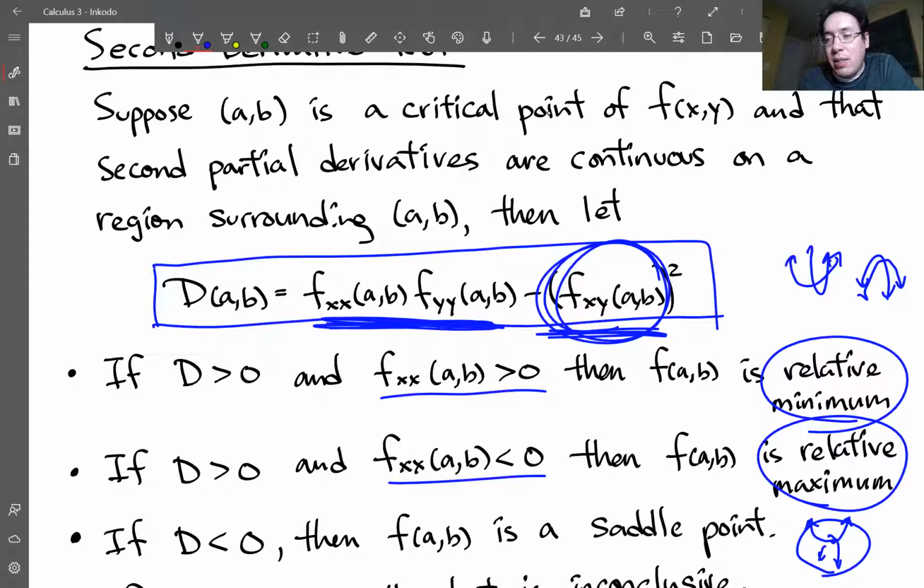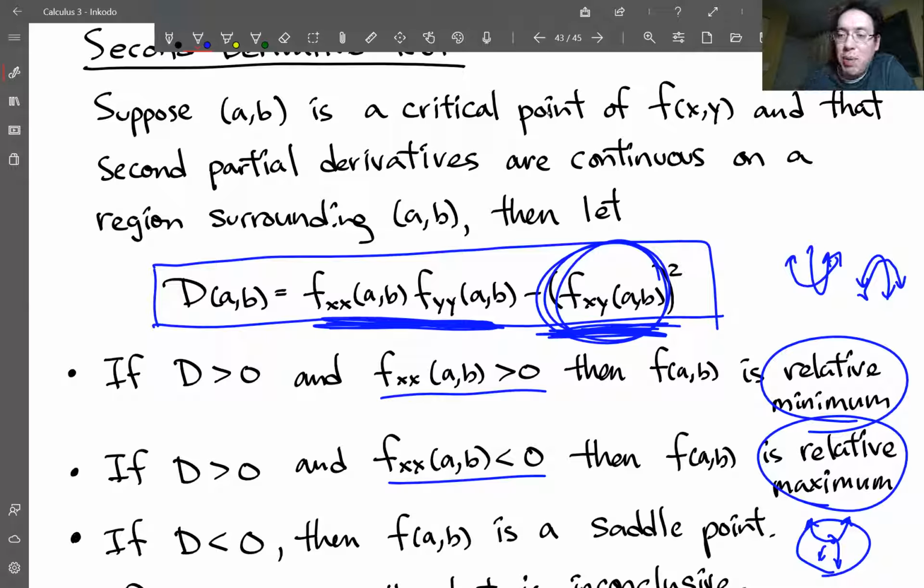But you might wonder, if they match in sign, if they're both positive, for example, how could it ever be a saddle point, even if you subtract away enough that you end up with a negative number? Well, the mixed partial derivative fxy measures how twisted the surface is.